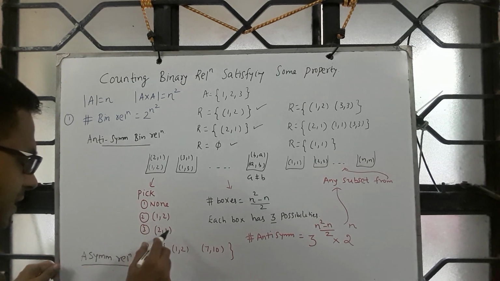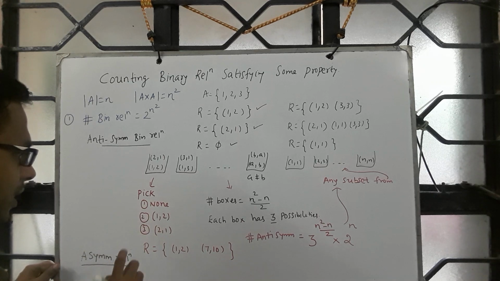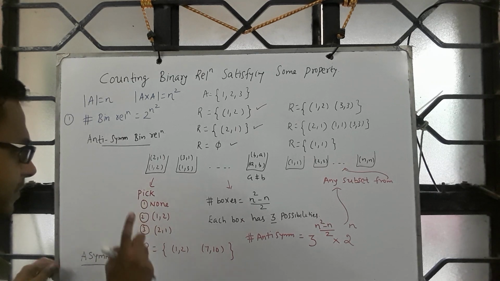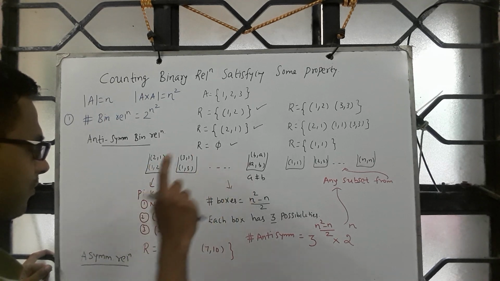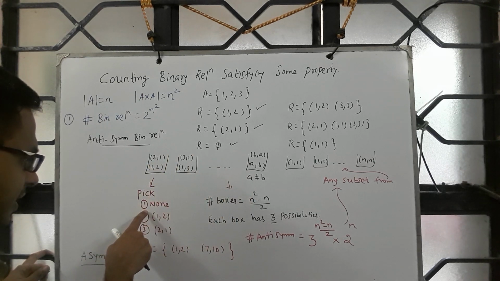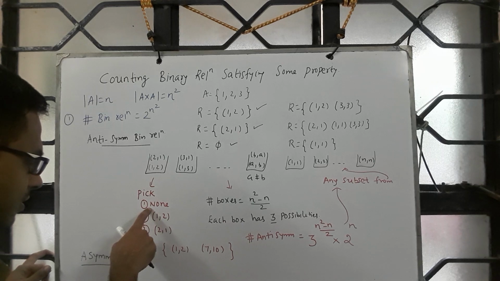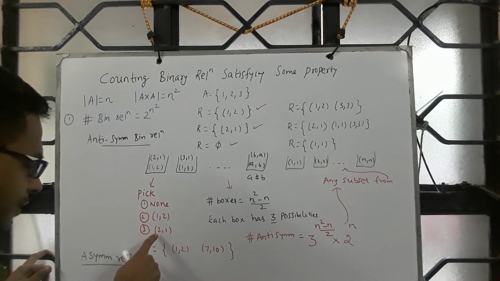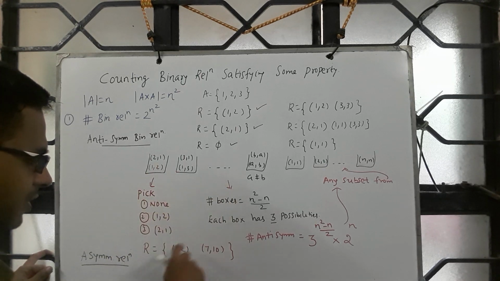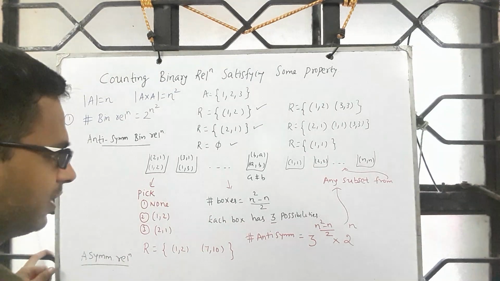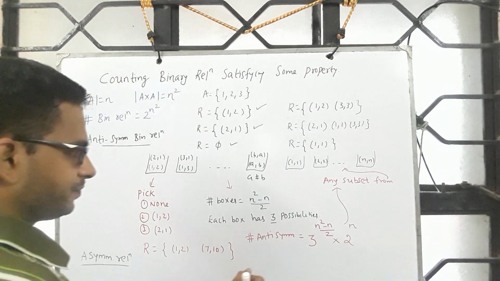Or if BA is present, then AB should not be. And or both can be absent. So which means from each of them, you have 3 possibilities again, either none, or if you include AB, BA should not be there, or if you include BA, then AB should not be there. Which means from each of them, you have exactly 3 possibilities.